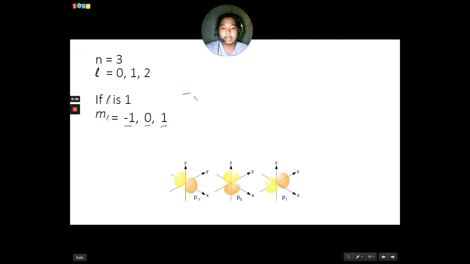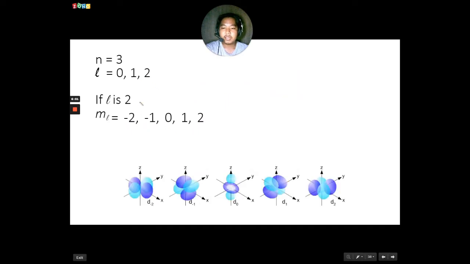Again, using the formula, ML is greater than or equal to negative L but less than or equal to positive L. Simply copy, then use the negative values and the values in between up to 1. Now, what if my L is 2? That's the d orbital, so that would be negative 2 up to positive 2. I will have negative 2, negative 1, 0, 1, 2.